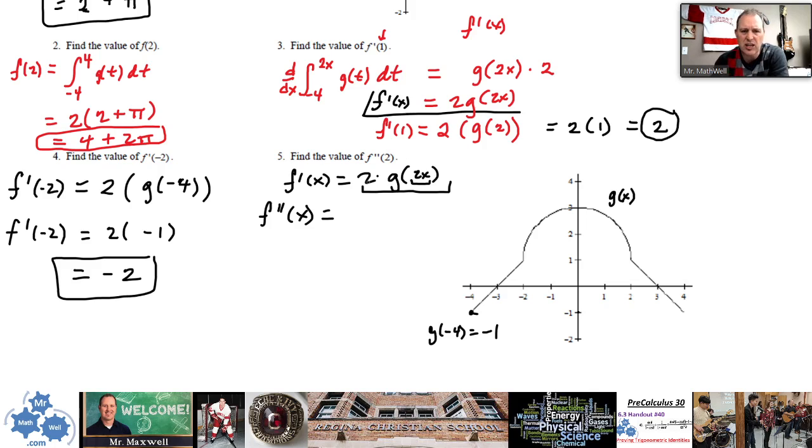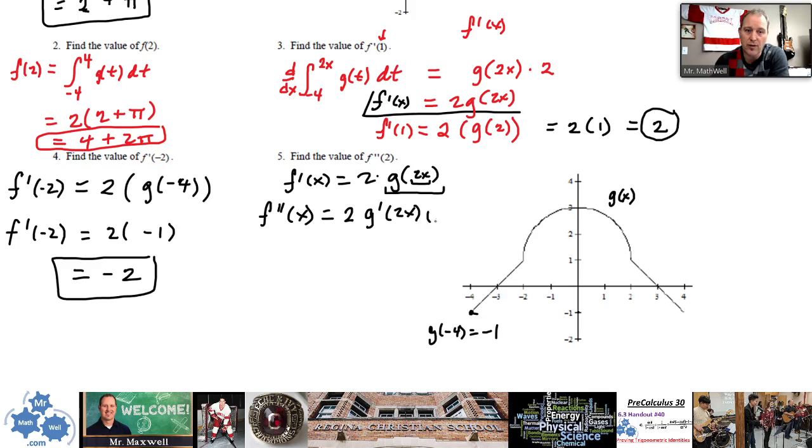The 2 is kind of a constant, so we could just leave the 2 outside, right? And focus on this as the outside function, and this is the inside. So I'm going to leave that 2 there. What's the derivative of function g? Well, it's just g prime of 2x. And we have to multiply by the derivative of the inner function.